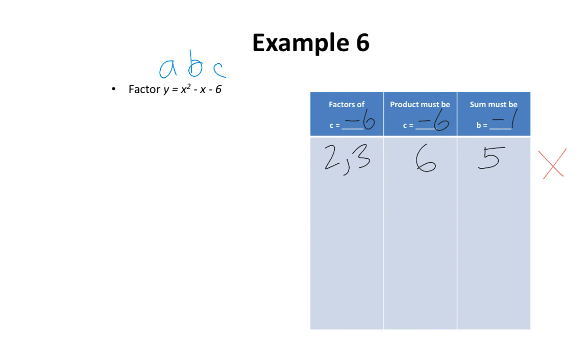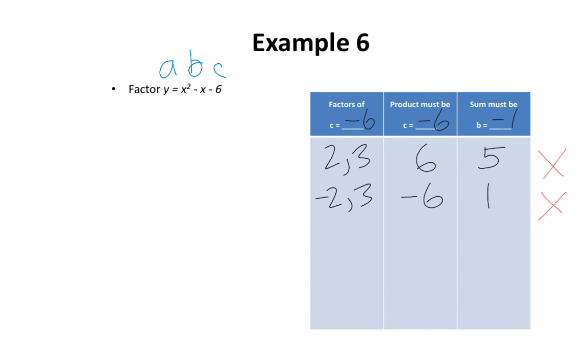Let's try playing around with some of the signs. Let's make that a negative, and let's keep that positive. Well, negative 2 times 3 is negative 6, and negative 2 plus 3 is positive 1. We're very close, but that's still incorrect.